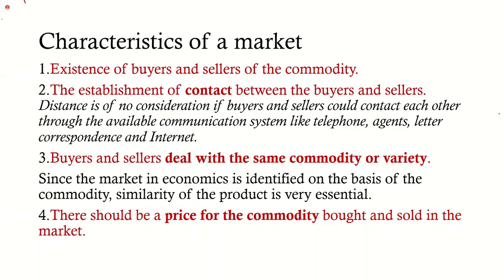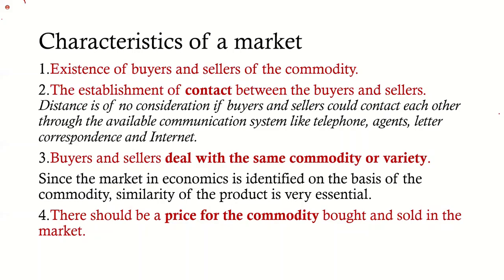So let's go through one by one. It says existence of buyers and sellers of the commodity. In a market, you find buyers and sellers, of course. And second one, the establishment of contact between buyers and sellers. So they are there and they have to establish some sort of contact, right? Either through emails or physical contact, whatever.